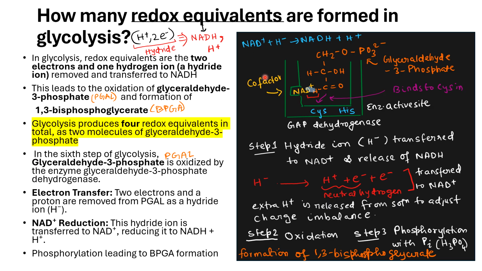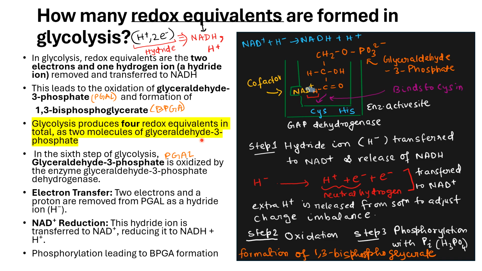So as we have one molecule of glyceraldehyde 3-phosphate forming one molecule of NADH and H+, or two redox equivalents, when we have two molecules of glyceraldehyde 3-phosphate in glycolysis, we will have a total of 2 cross 2, or 4 redox equivalents formed in glycolysis. I hope this point is clear now.